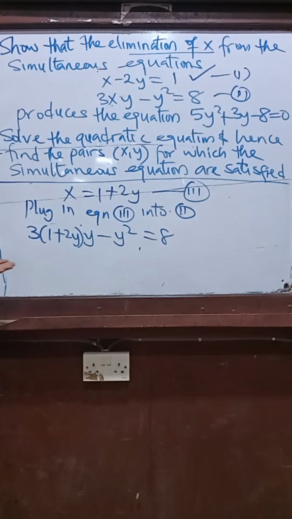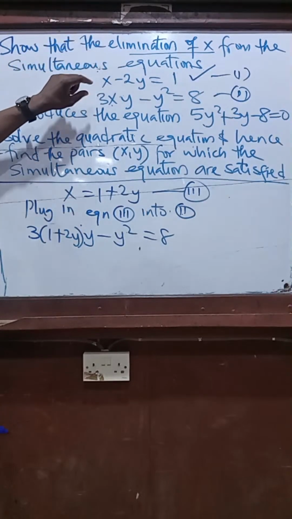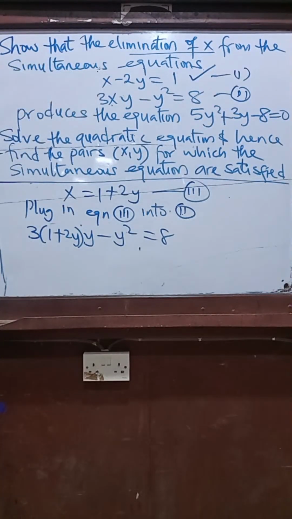So you can see now the new equation does not contain x. Okay, x has been eliminated. What we did is to make x the subject from the first equation and plug it in the second equation. So let's do the expansion now.